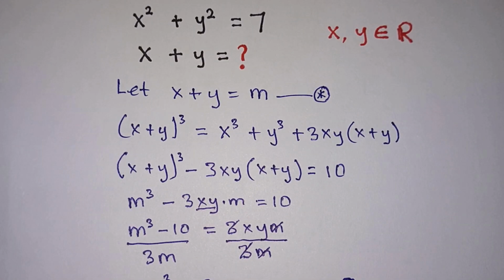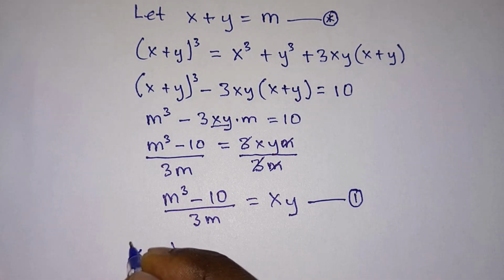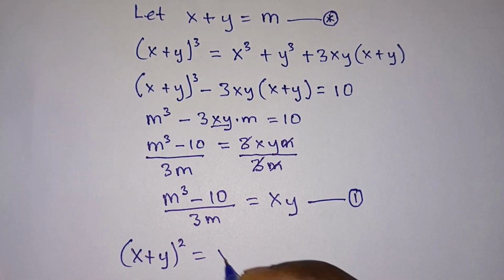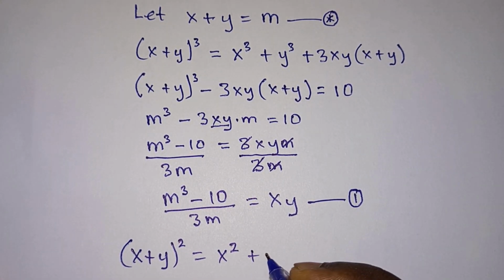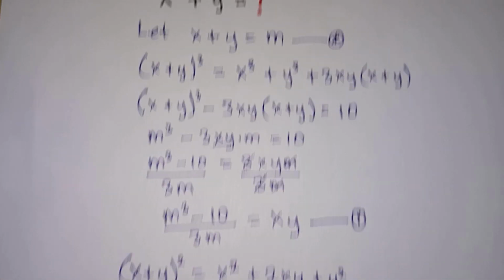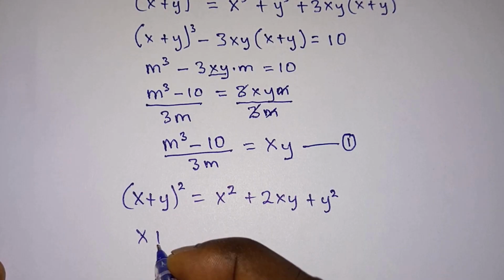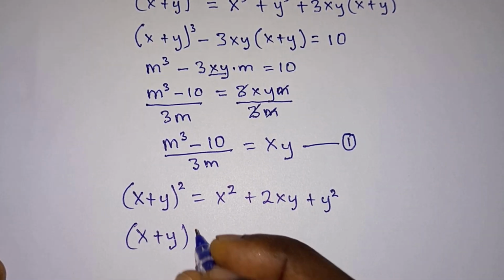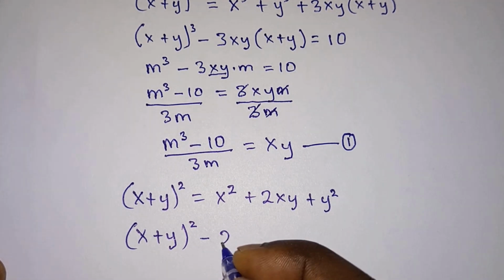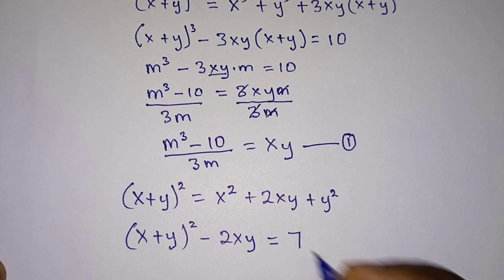Now let's pay attention to the second equation. From here, we also know that (x plus y) to the second power is equal to x squared plus 2xy plus y squared. Therefore, x squared plus y squared is going to be (x plus y) squared minus 2xy, and this is equal to 7.